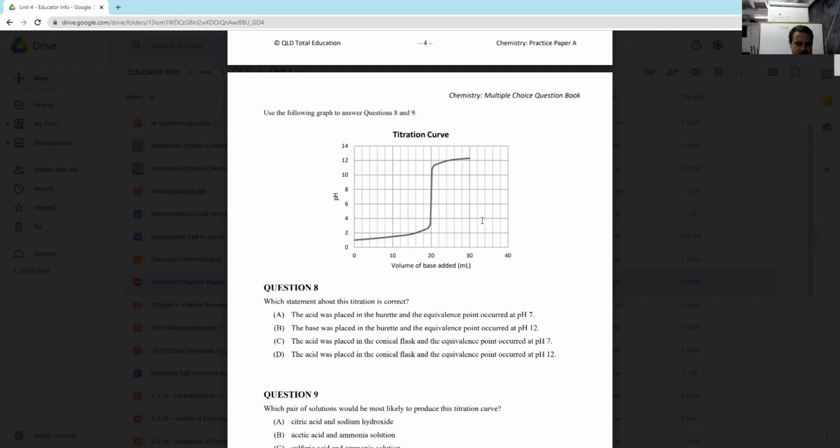Okay, titration curves. So titration curves, 60 seconds.